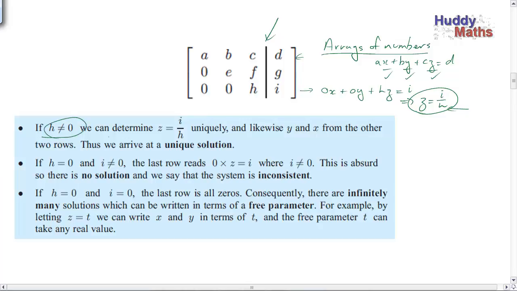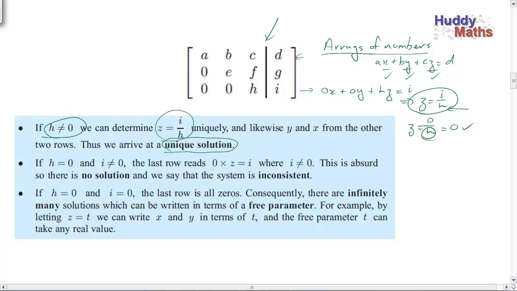If h is not naught, we can determine that uniquely, even if i is naught, because here it would be z equals some number, even naught, over h. That would be okay, but you can't have h as 0 because dividing by 0 is undefined.